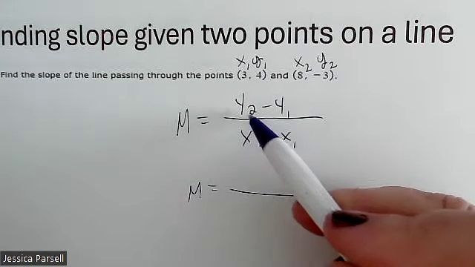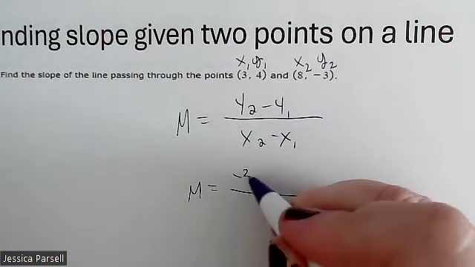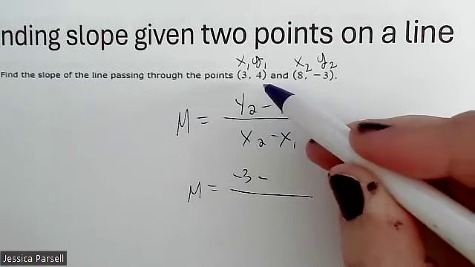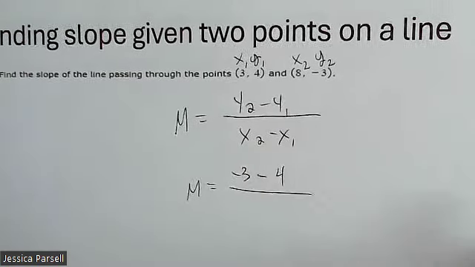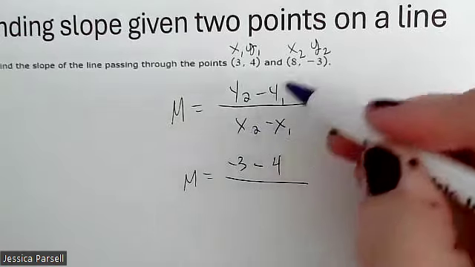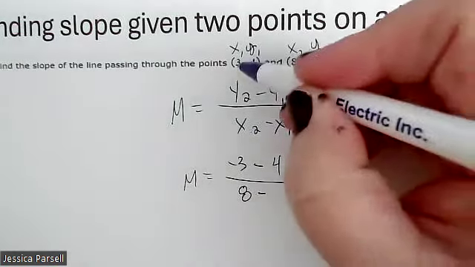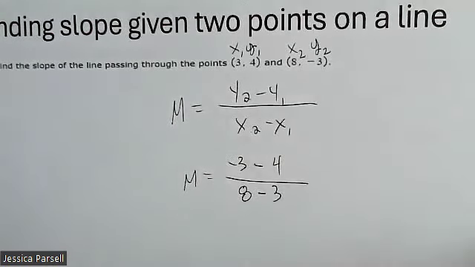Okay, so who's the second y? Well, it's -3. The minus sign is part of the formula. Who's my first y? It's 4. Okay. Who's my second x coordinate? It's 8. Minus sign is part of the formula. Who's my first x coordinate? It's 3.